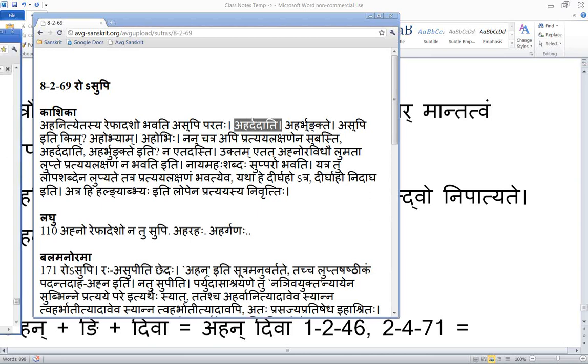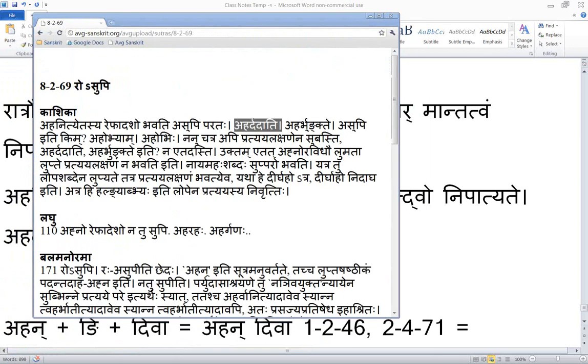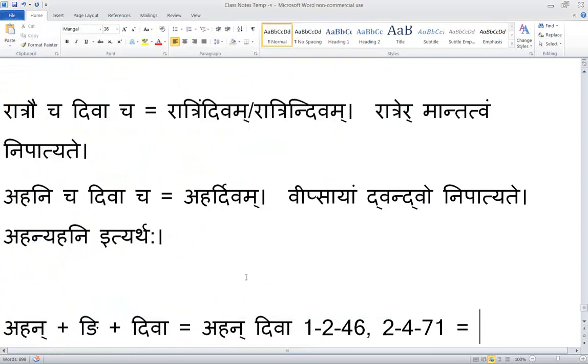Ros supi says that when the supluk has taken place, then the nakara of ahan, of course by alontyasya, will take the repha adesha. So what do we have right now? We have this form ahan, which has taken the supluk by supo dhatu pratipadikayoho.